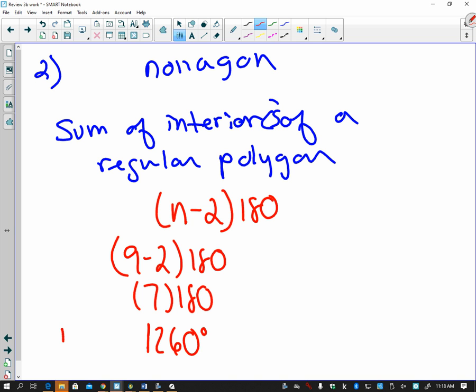Now, what will cost you on this question is mixing up interior and exterior angles. This is interior. Interior measure angle, 1,260. Exterior is always what?